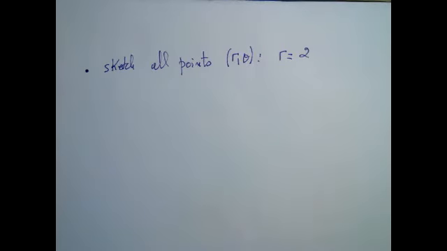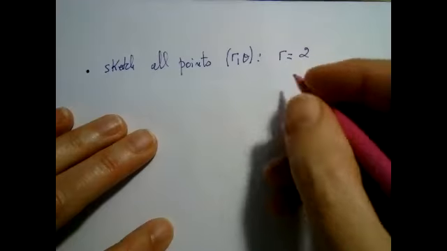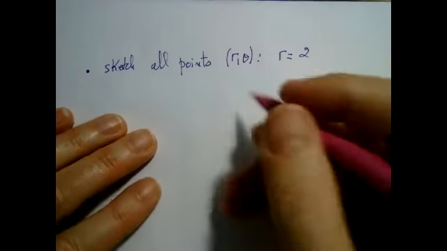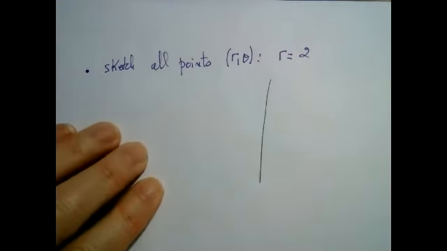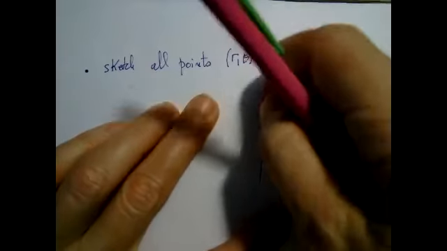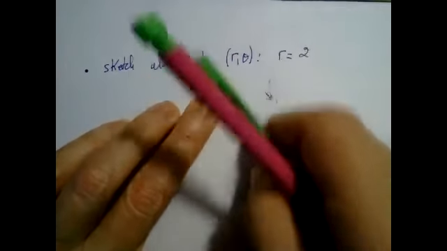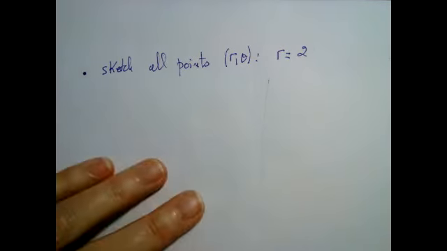Sketch all the points such that r equal to 2. What do you think I'm going to get if I do that? I'm letting you think a little bit. All the points whose coordinates satisfy r equal to 2.